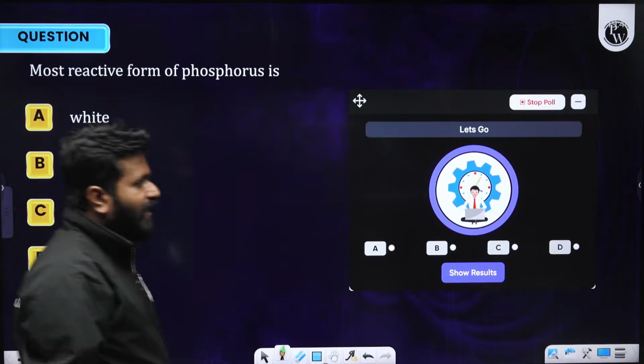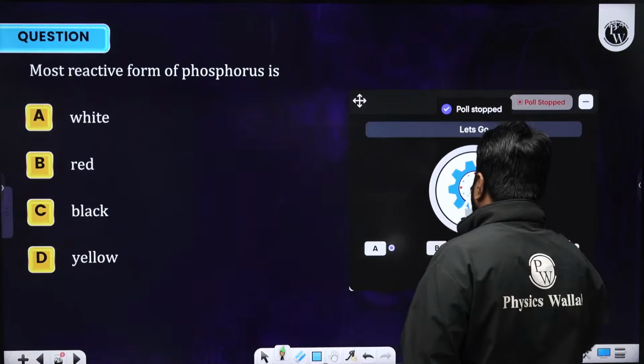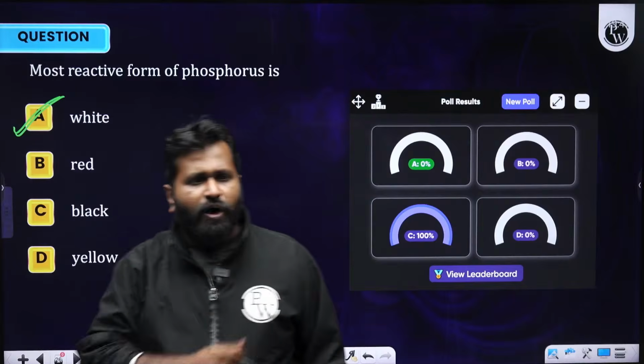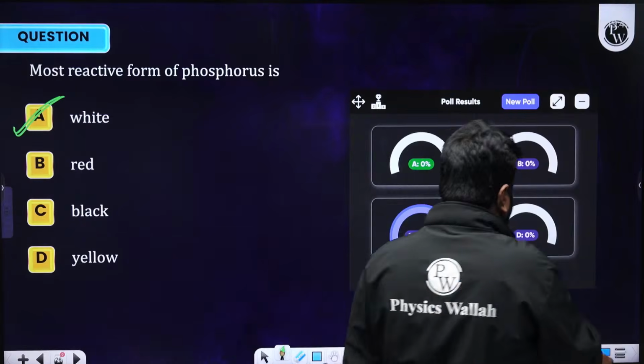We all know this, right? White phosphorus is the more reactive form of phosphorus.